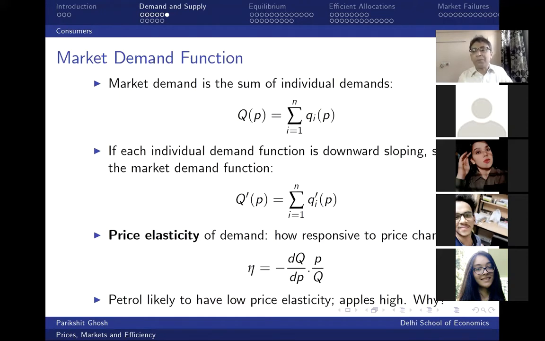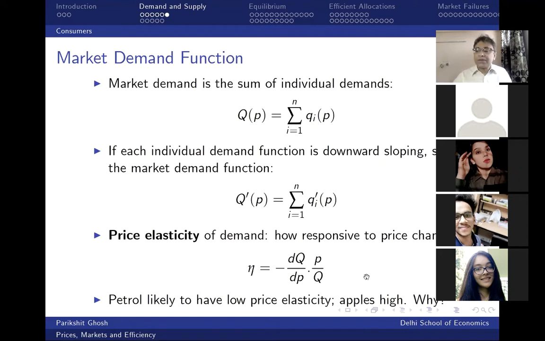I won't spell it out exactly right now, but you can easily see that when elasticity is greater than 1, revenues will fall if prices rise, and vice versa, right? Similarly, for the government, if the government is considering taxes on certain products, the effect of the taxes on tax collection has a lot to do with what price elasticity is in the market.